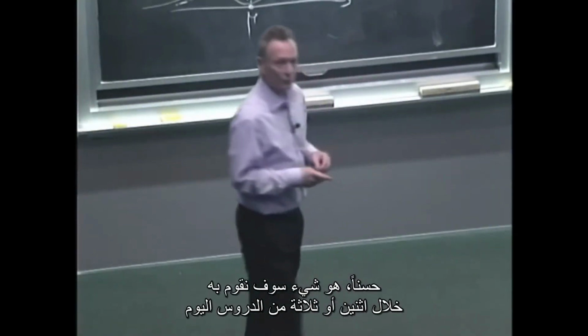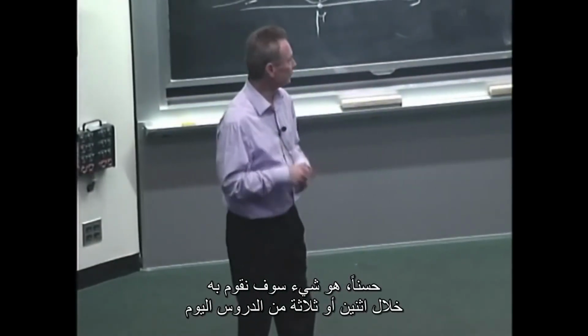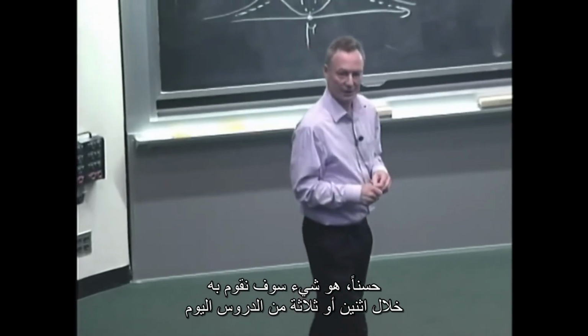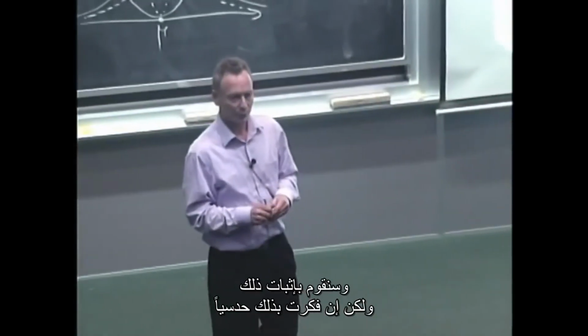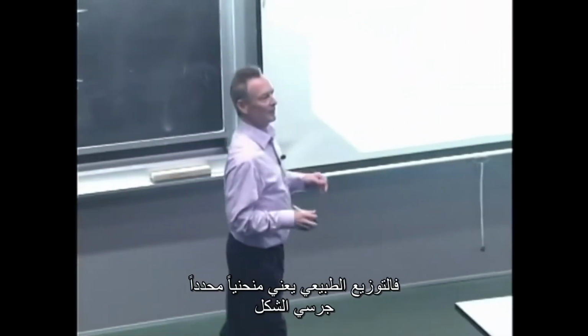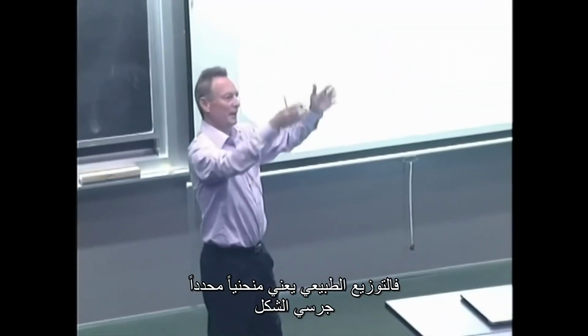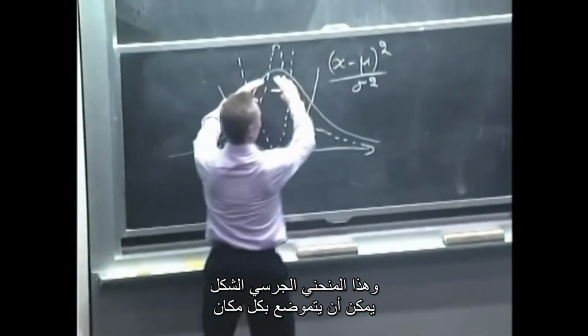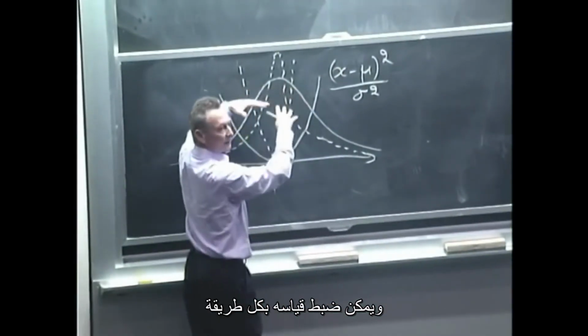It's something that we will do formally in about 2 or 3 lectures from today. So we're going to prove it. But if you think about it intuitively, normal means this particular bell-shaped curve, and that bell-shaped curve could be sitting anywhere and could be scaled in any way.